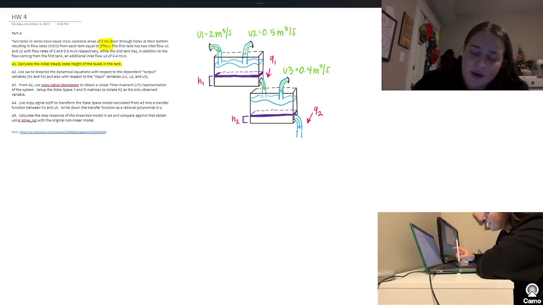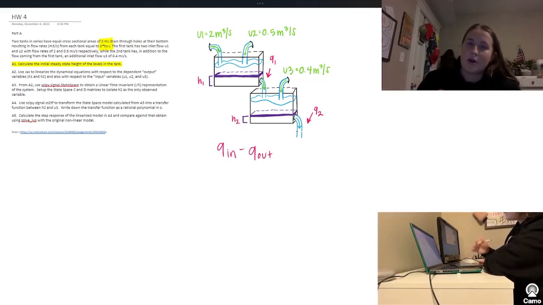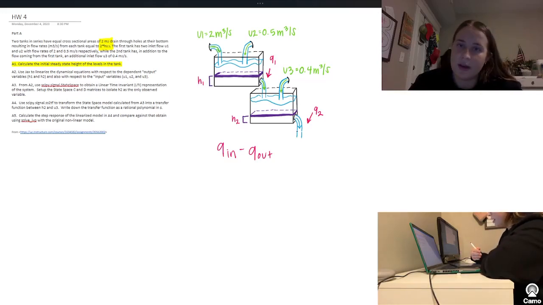As always, we're going to start with that simple equation of Q in minus Q out. In a more complex version of this we're going to have 2 equations, one for Q1 and one for Q2. And with that, for a steady state, we're going to need an initial value for U, and that'll come later in the coding portion of this video.